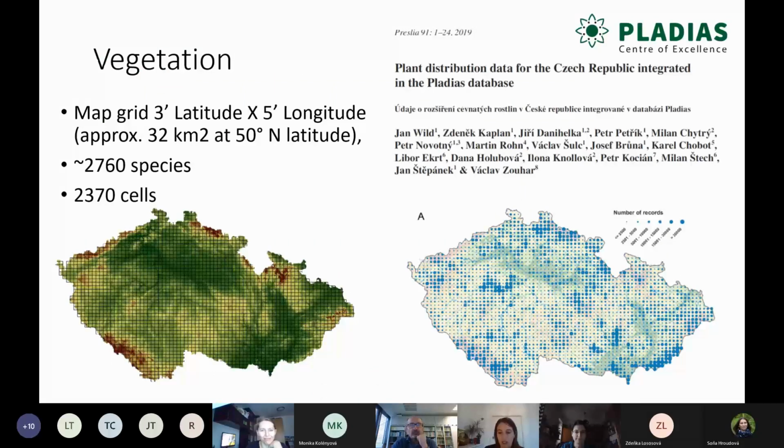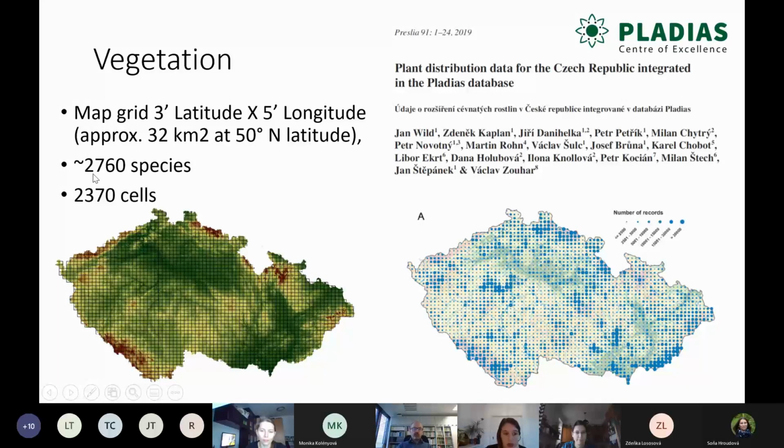So the data I used was from this grid on the Czech map, in which for each one of these cells we have presence-absence of species.